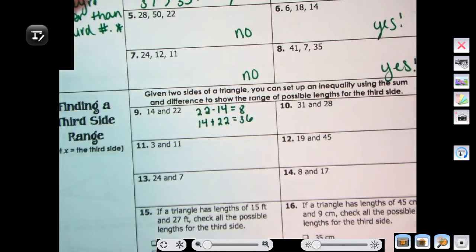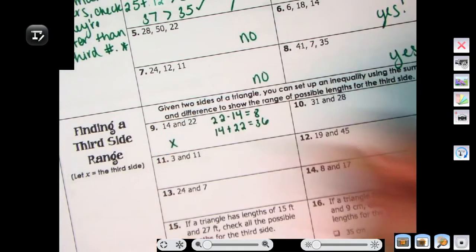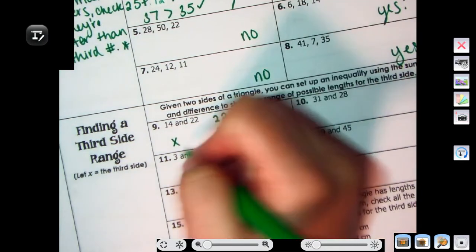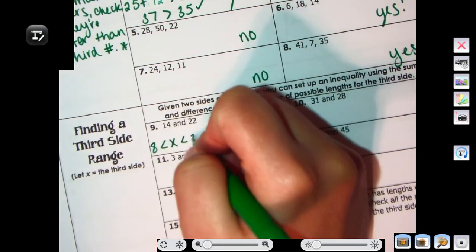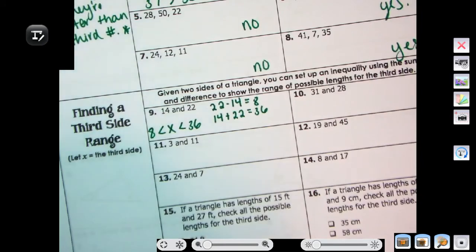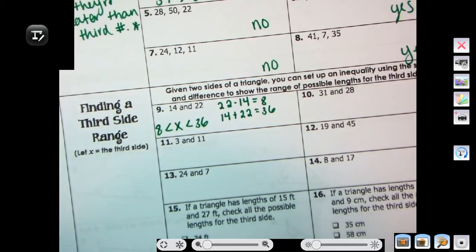So that is the range of numbers that the third side could be. The third side could be anywhere from 8 to 36, or in between 8 and 36. So how we write that as an inequality is let's say x needs to be in between 8 and 36. So that's the range of values that the third side could be.